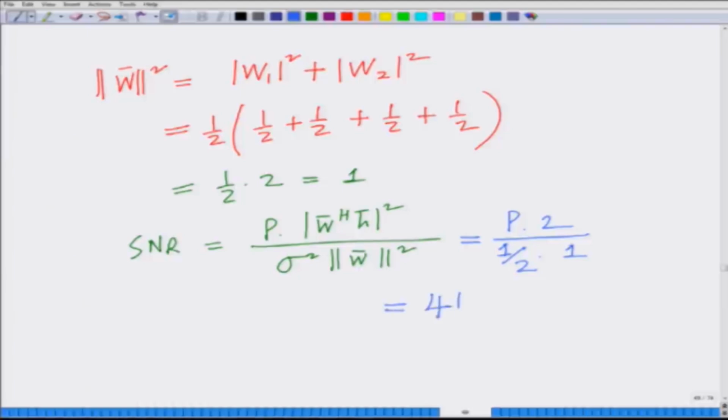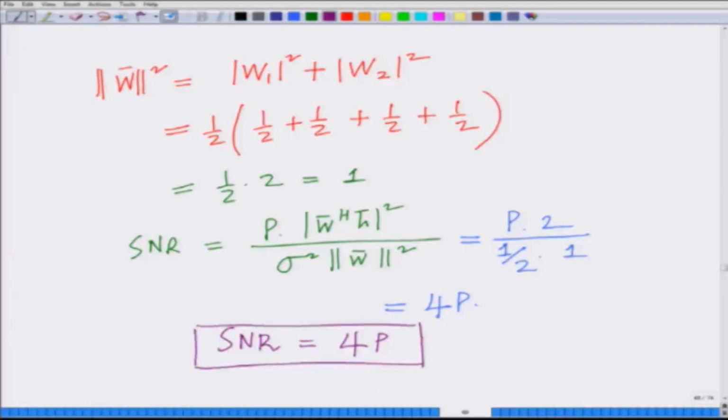Therefore this is equal to 4p. So SNR equals 4 times p for this system with maximal ratio combining.